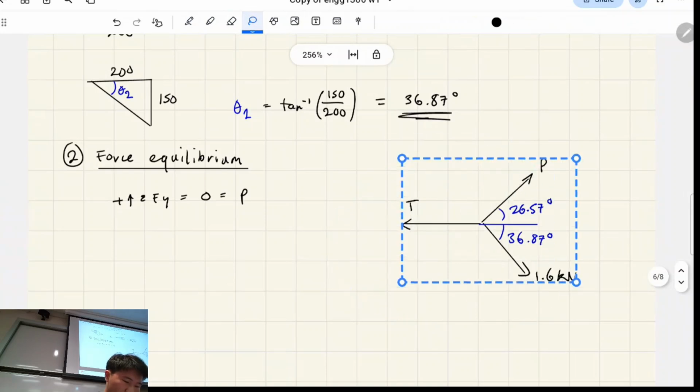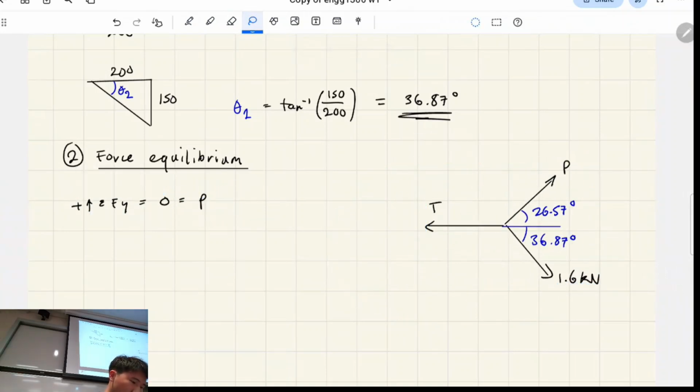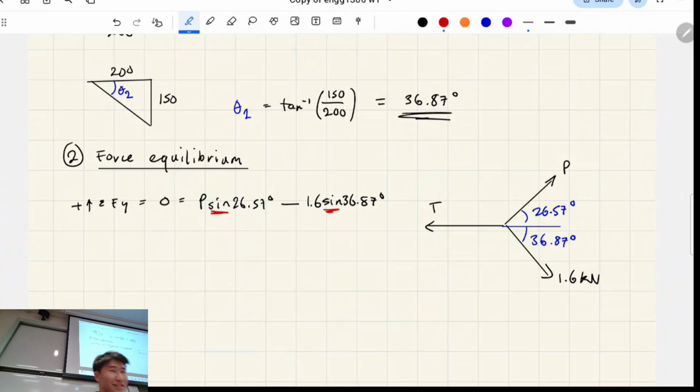Okay, here it is. So we're going to do P sine theta.